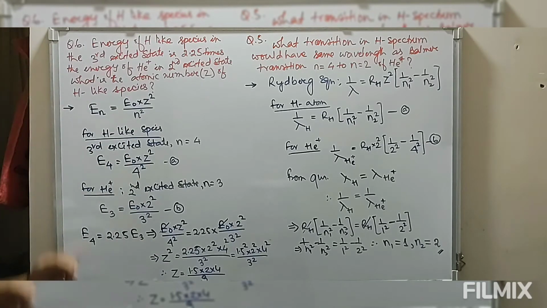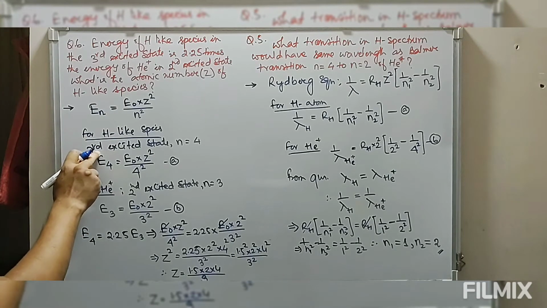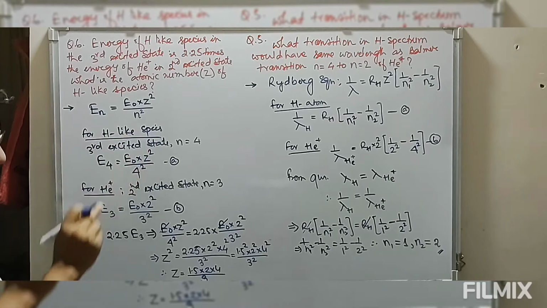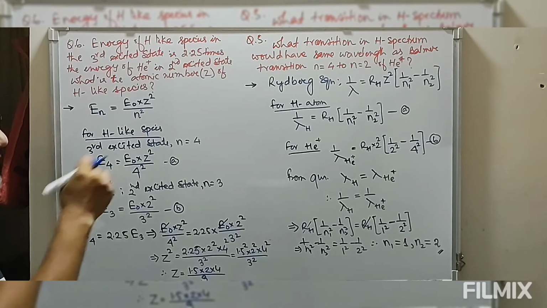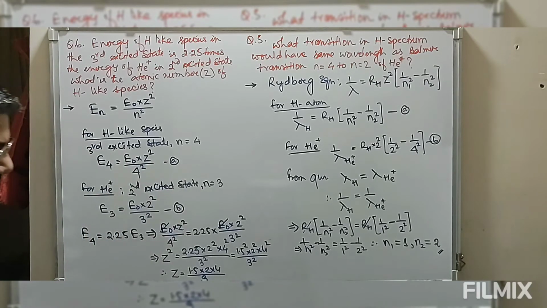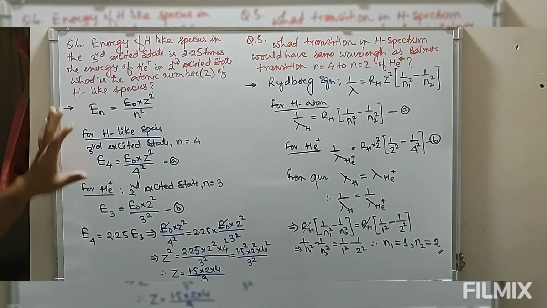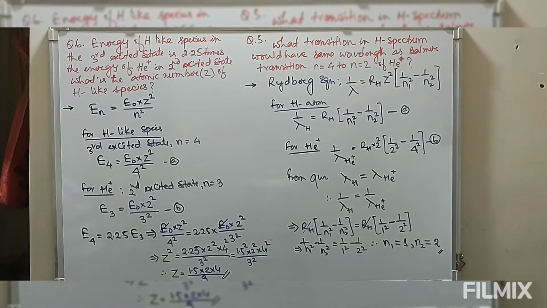We have to use this energy equation. The question involves the concept of excited state. Third excited state means 1 plus 3, second excited state means 1 plus 2. So that is the value of the final n. From this relationship we find the value of Z, the atomic number of the unknown element.